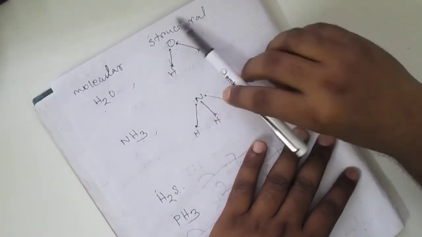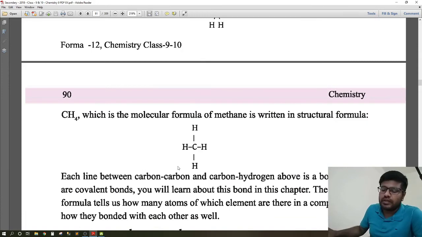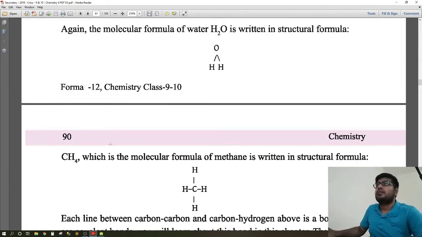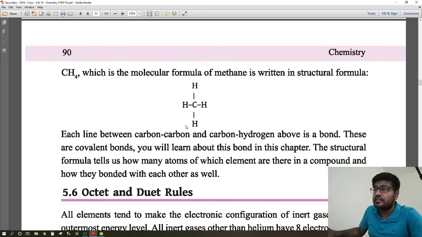So we should understand about molecular and structural formulas. Let us go to my laptop screen again. Then on page number 90, the structure of methane is given, and I have told it a few seconds ago.